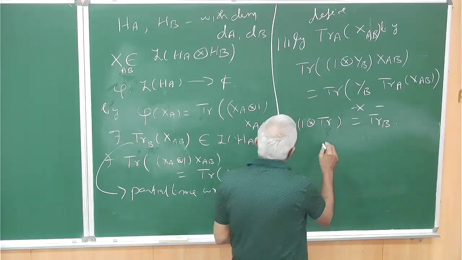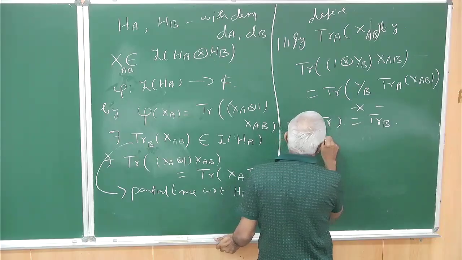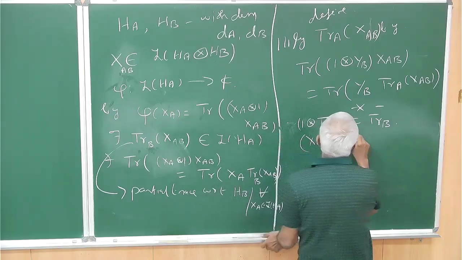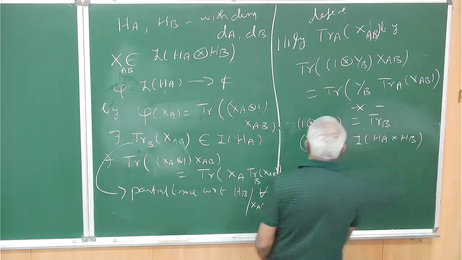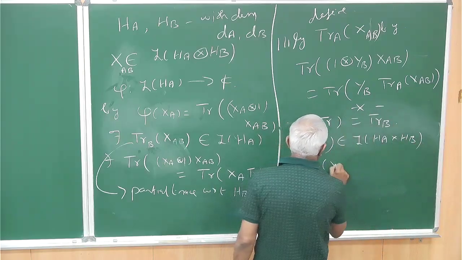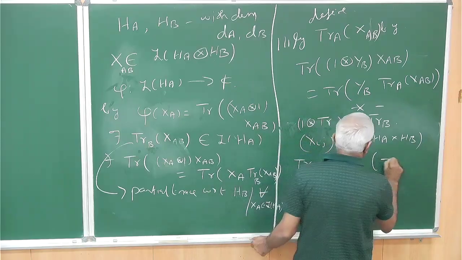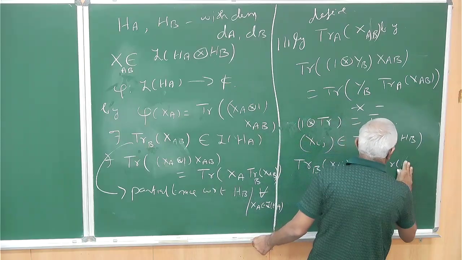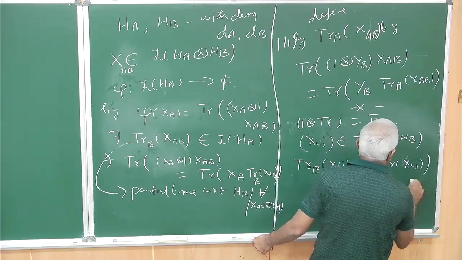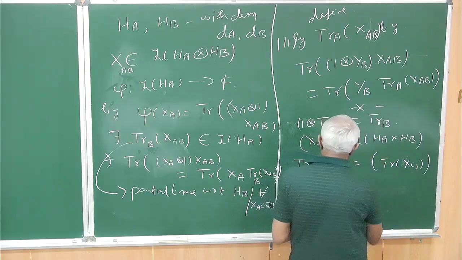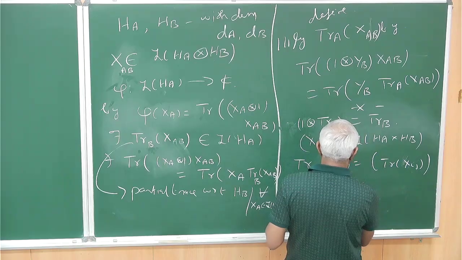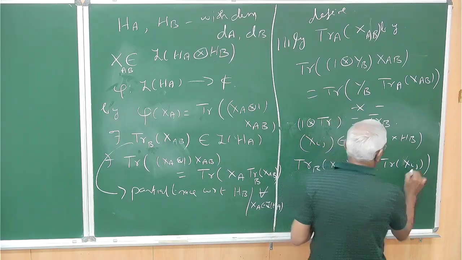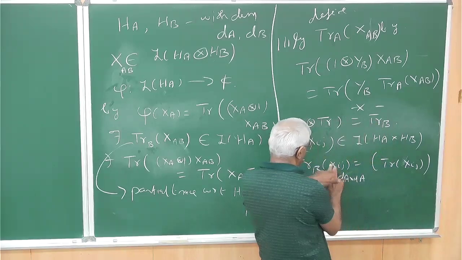So if you have a matrix X_ij in L of HA tensor HB, then trace B of X_ij is just the trace of X_ij. The trace of X_ij will give a scalar. This is a dB cross dB matrix, but this is a matrix with entries X_ij.